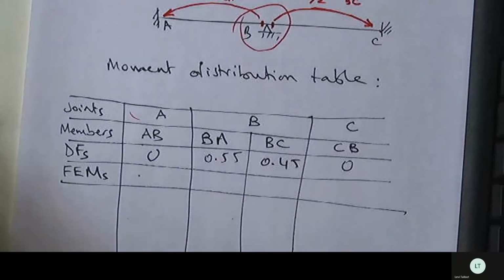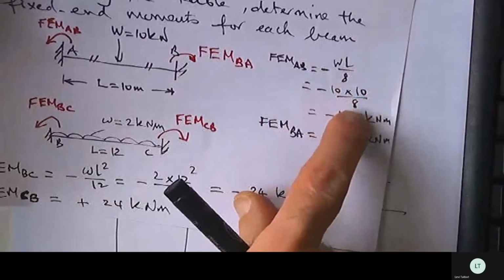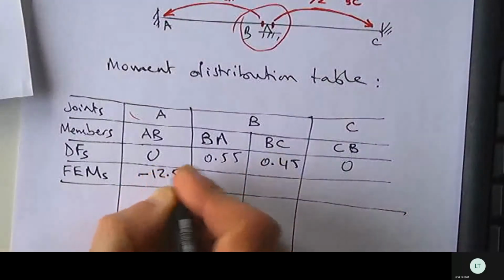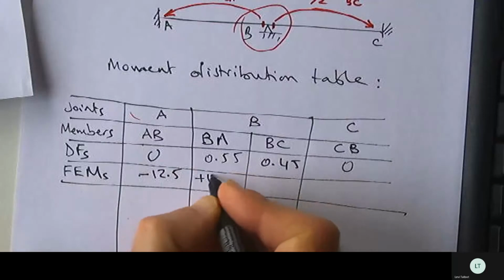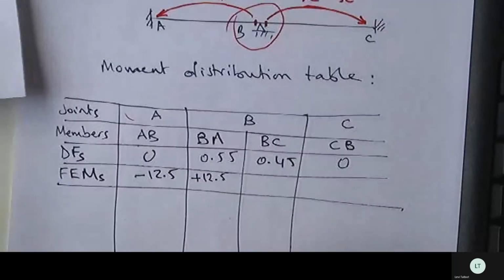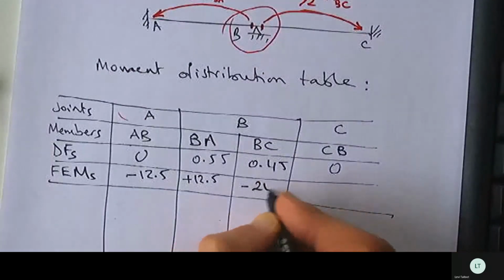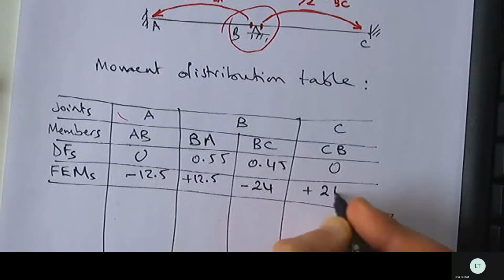Fixed end moments, we have calculated earlier. Fixed moment for AB, we have minus 12.5. Then we have plus 12.5 for BA. For BC, you can see here we've got minus 24 and plus 24.